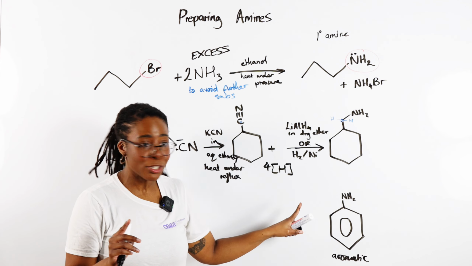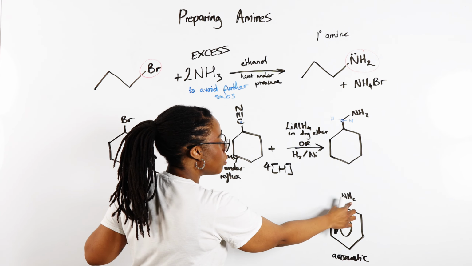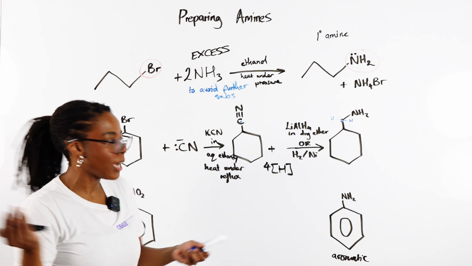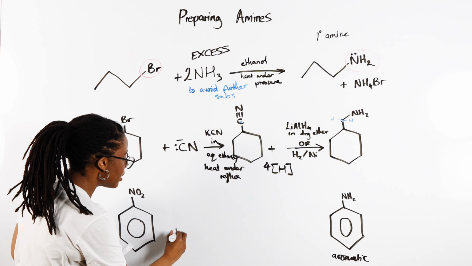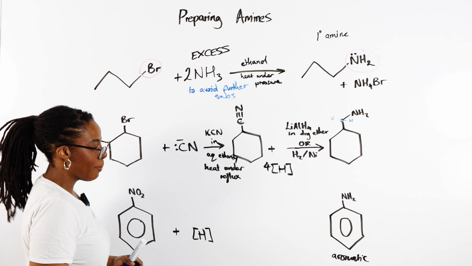Well, again, hopefully you can spot the only difference is instead of these 2 O's, we've got 2 H's instead. So this once again has to be reduction. We're adding hydrogen. So we can represent that with our reducing agent, so H in square brackets.